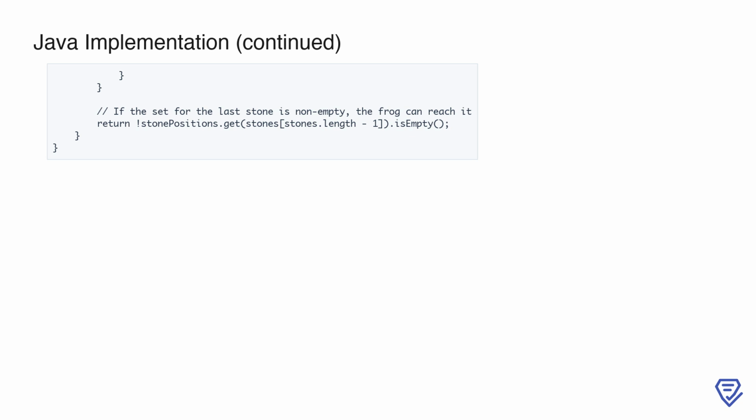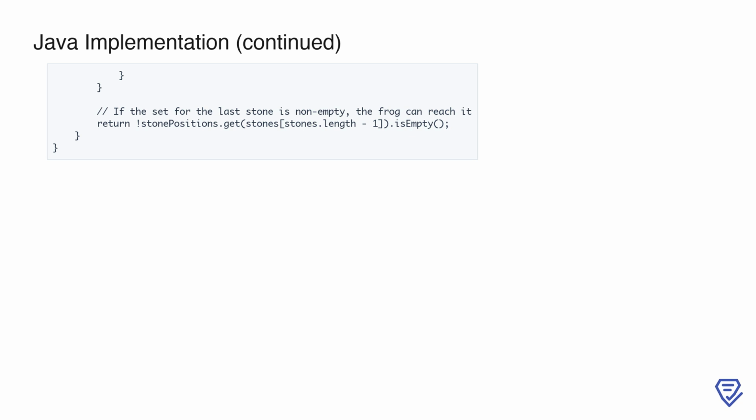Now, the nested loops ensure that we explore all potential jump sizes for each stone. If a valid step is found, it is added to the possible jump sizes for the target stone. This way, the map dynamically tracks all reachable stones and the jump sizes required to reach them. Finally, we check the set associated with the last stone.